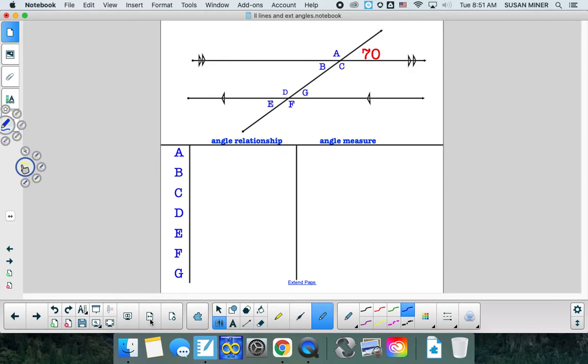So angle A. If I'm looking at angle A, the angle that I know over here is 70 degrees. Thinking about my angle relationships, these two angles together make that nice half circle shape. They're on the same line together. So I would say these two angles, angle A and the 70 degree angle, are a linear pair.